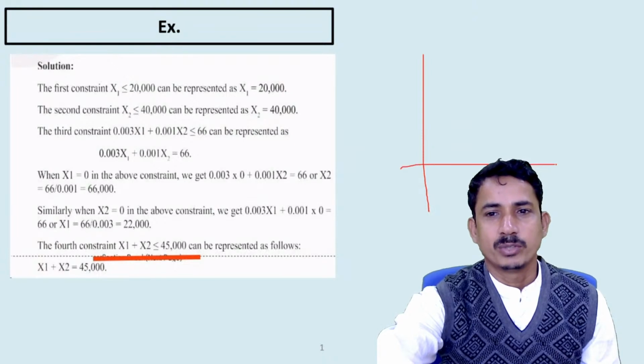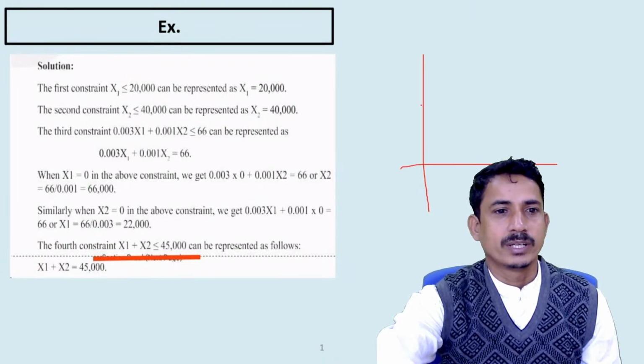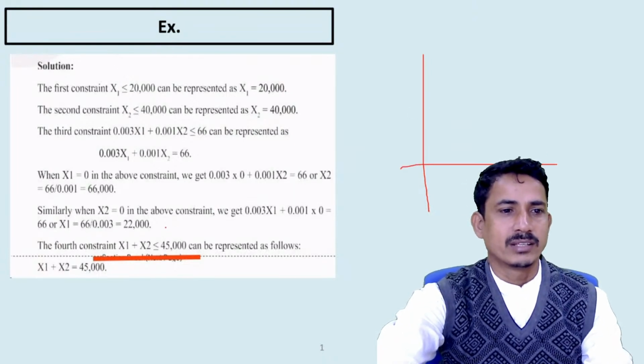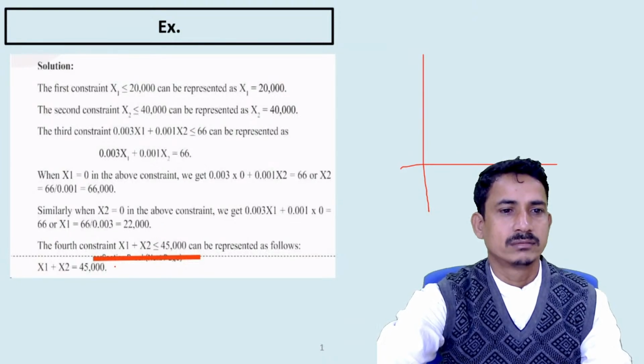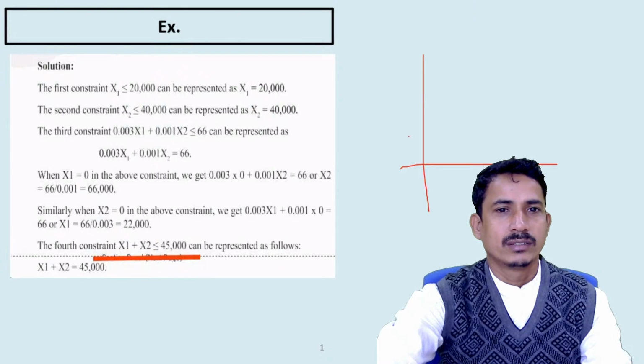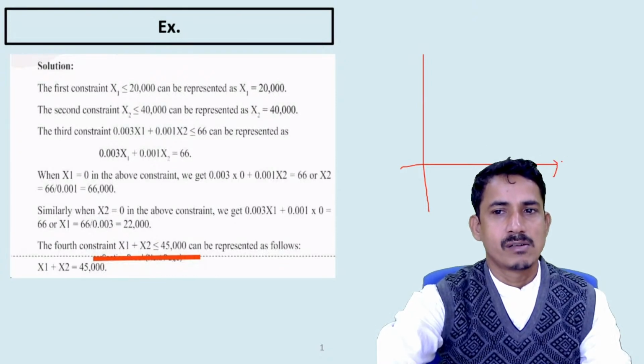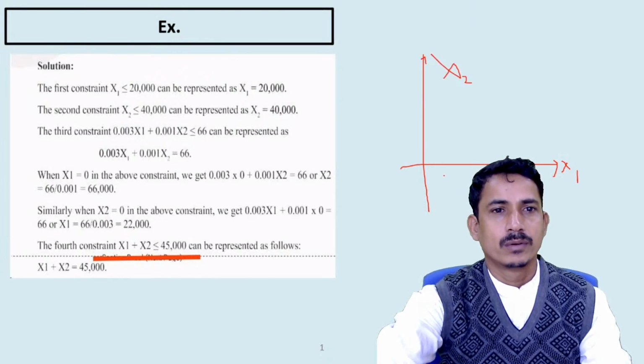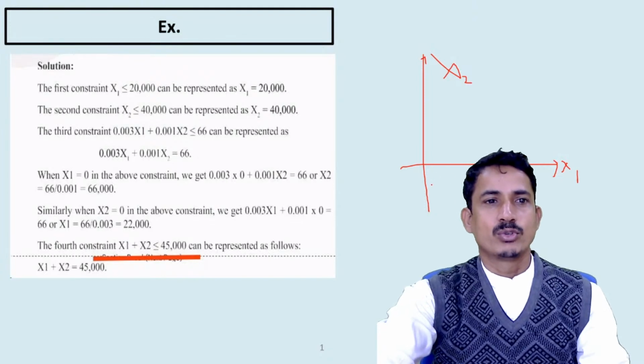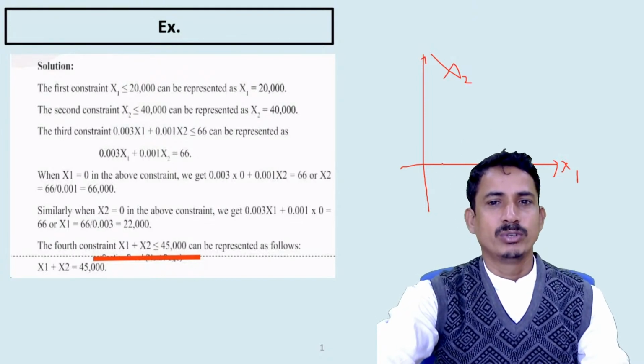Once you get the lines, put them on the coordinate axes, and you get a particular region where the answer can be reached. Here this is the x1 axis, and this is the x2 axis. The x1 value should be less than or equal to 20,000, so you have to take a unit looking at the value of x1.